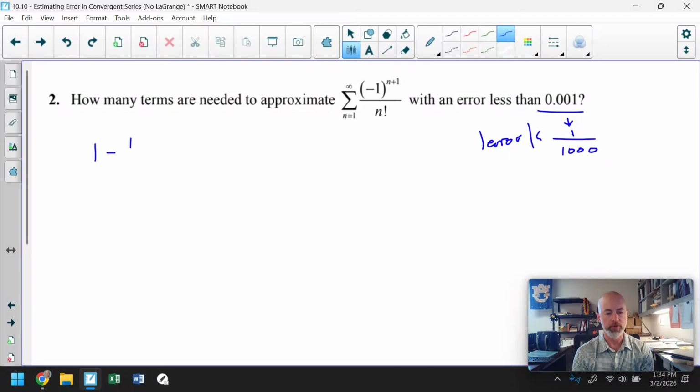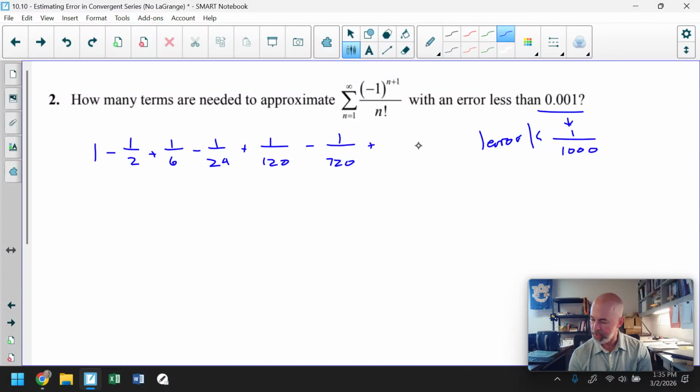Minus 1 over 2 factorial, plus 1 over 3 factorial, which is 6, minus 1 over 4 factorial, which is 24, plus 1 over 5 factorial, which is 120. And I'm waiting till I get to a term that is smaller than 1 over 1,000. And so then 1 over 6 factorial, which is 720. We're getting really close to 1,000 down there. The next one will do it. And that next term is 1 over 5,040.